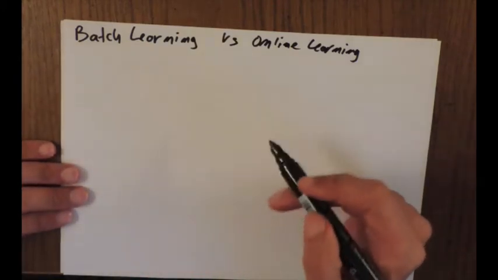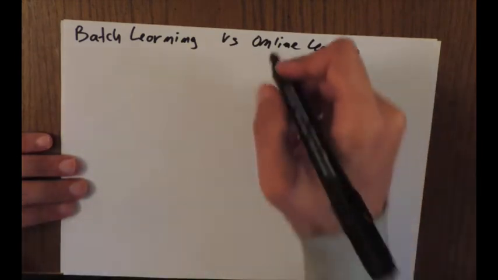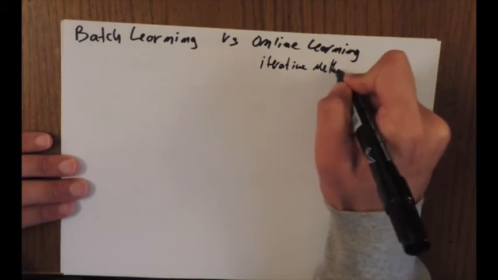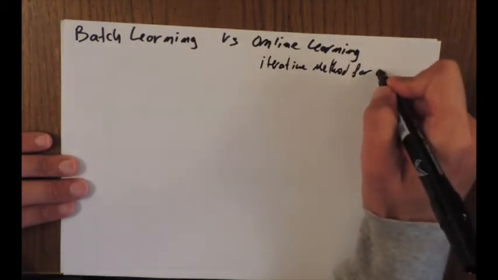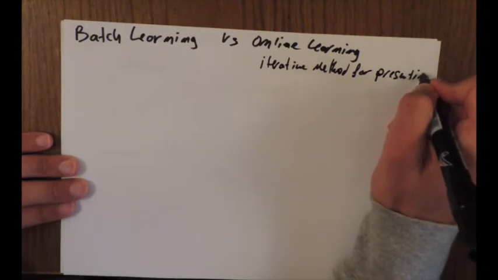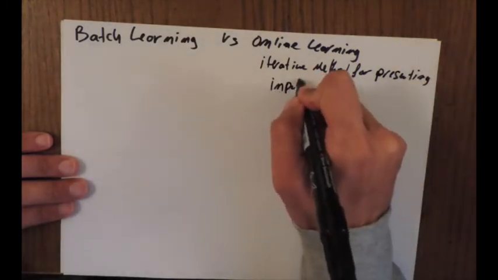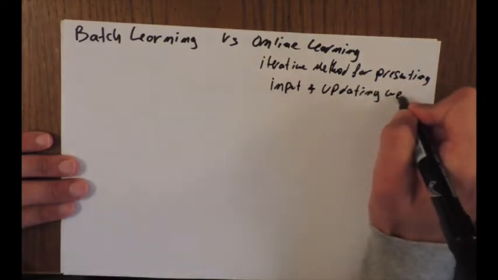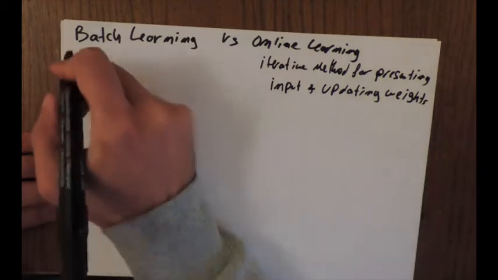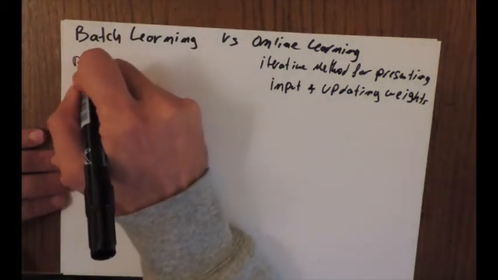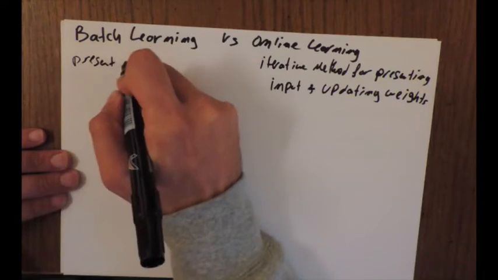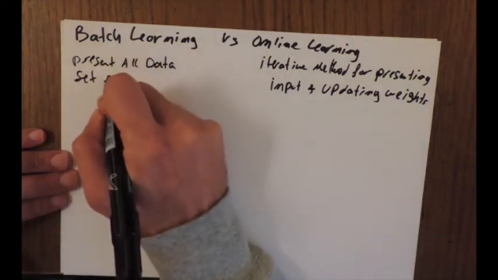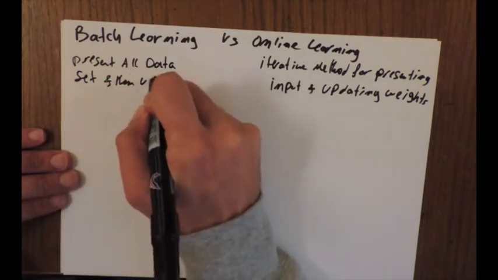Whereas in online learning, each input is presented iteratively. So here we have an iterative method for presenting input and updating weights, and here we present the whole data set and then update the weights.